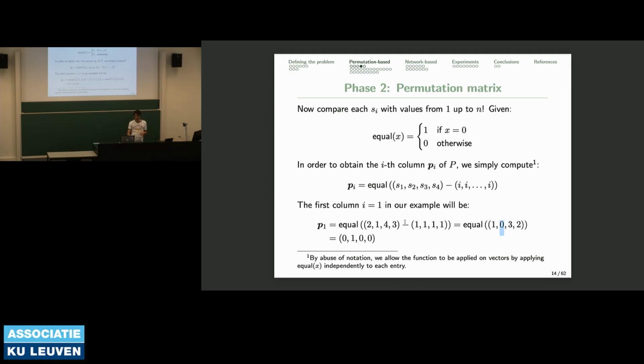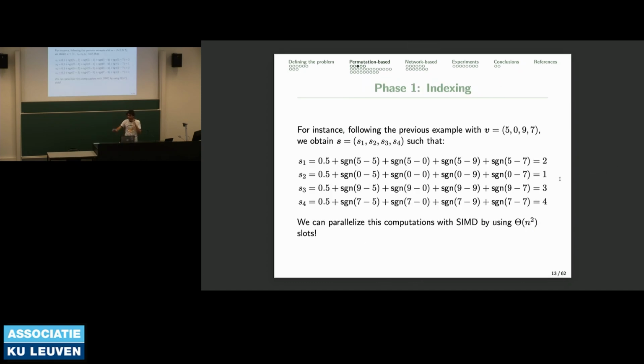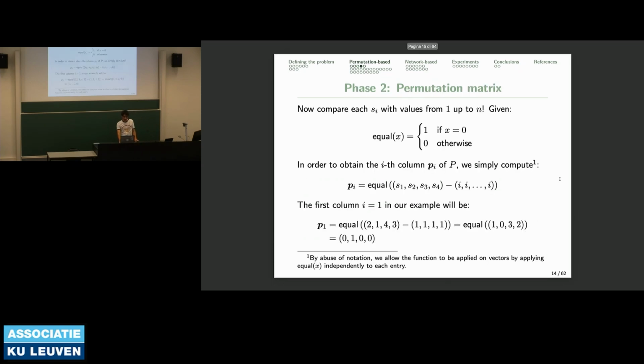So if the indexing would start from 0, then I'm not quite sure this would work the same. But it's just a bias. Your permutation matrix will not be a permutation matrix, but still you will copy the right elements, right? Yeah. I mean, you might tweak the algorithm to work also if we start from 0, I think. It's not a big deal.